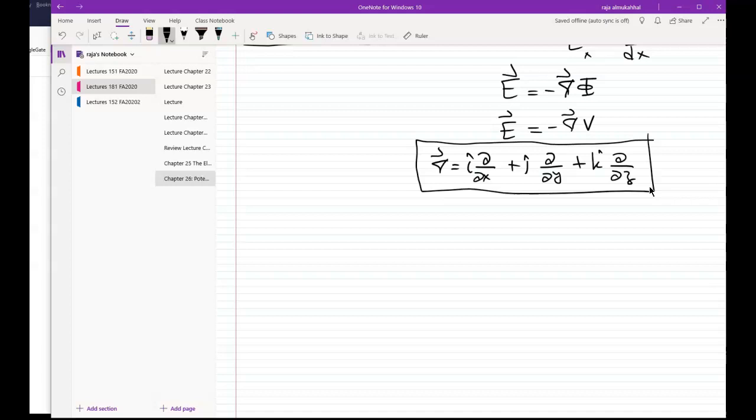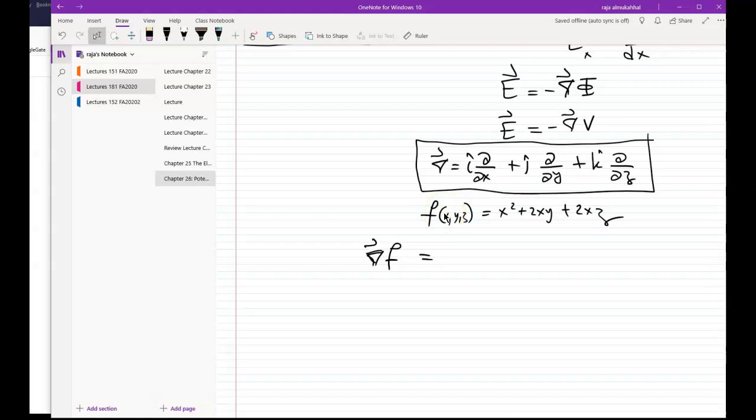Let's say I have a function f of x, y, and z, let's say x squared plus 2xy plus 2xz, for example, and I want to find the gradient. How do I find the gradient? All you need to do is apply the gradient on that, del f.